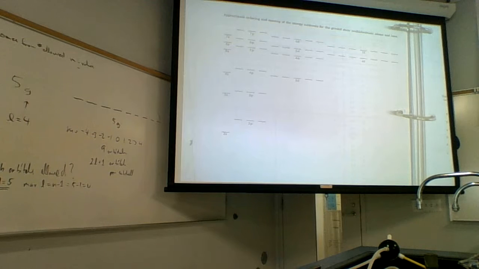Well, that means L equals 5. If L equals 5, how many orbitals are there? 11. There are going to be 11 orbitals. What are they? They're -5, -4, -3. We count them, or we fill out the pattern. It's 2L plus 1.